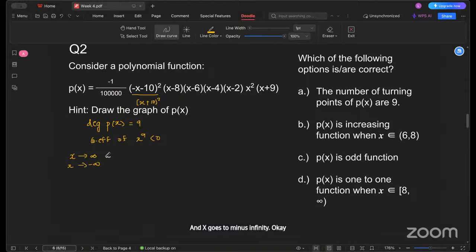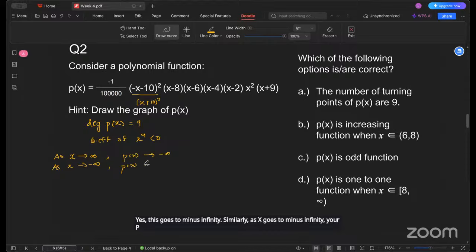Now as x goes to infinity, since the coefficient of x power 9 is negative, what happens to p of x? It goes to minus infinity. Similarly, as x goes to minus infinity, p of x goes to infinity. Okay, so this is the end behavior.